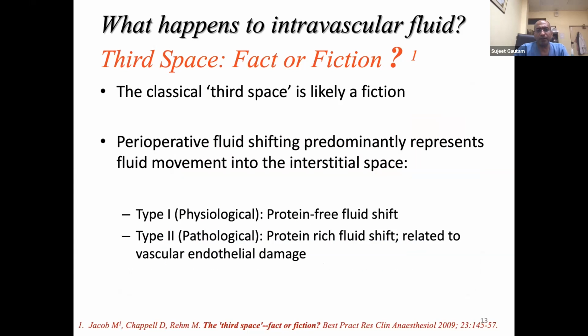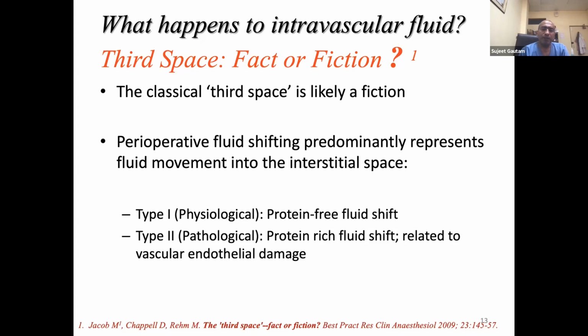It proposes that classical third spaces are more of a fiction, and perioperative fluid shifting predominantly represents fluid movement into the interstitial space. It is not moving basically anywhere like a third space, but it is going into the interstitial space, as we have been discussing in the first few slides. This fluid shifting can be of two types. Type 1 is physiological, when protein free fluid is coming into the interstitial space from the intravascular compartment.